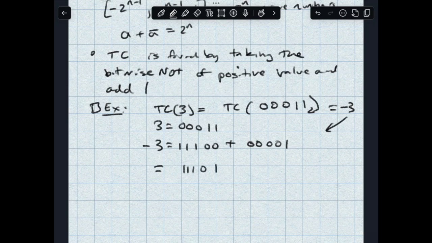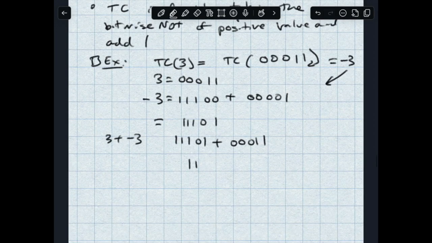Now, let's check 3 plus negative 3. How does that work? Well, I've got 1, 1, 1, 0, 1. That's the negative value, plus 0, 0, 0, 1, 1. If I add those together, maybe I should rewrite this a little bit. So I've got 1, 1, 1, 0, 1, and this is 0, 0, 0, 1, 1.